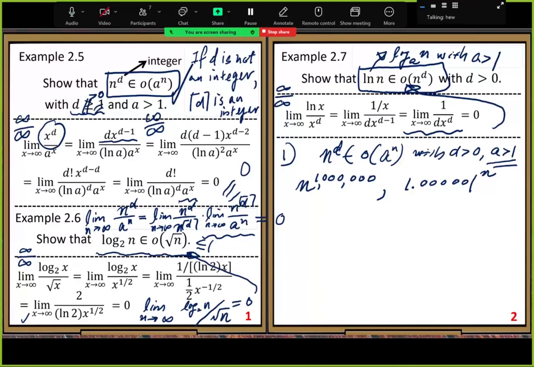The intuition may give you the impression: the first one is so large, n to the 1 million. The second one, the base is very close to 1. 1 to the n is always 1. But here we increase the base slightly more than 1, then the exponential function is different from the base 1 case.